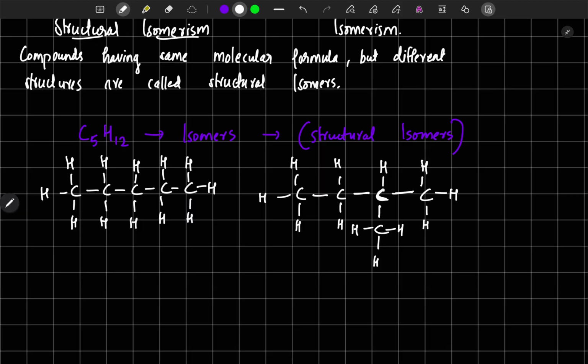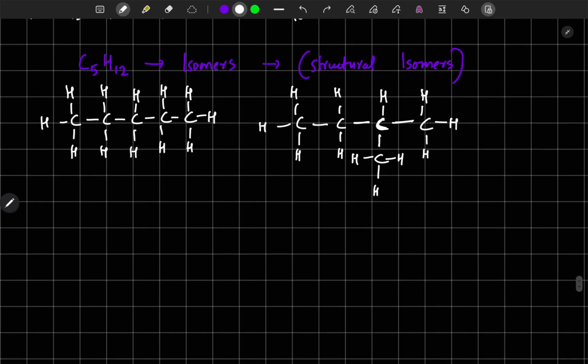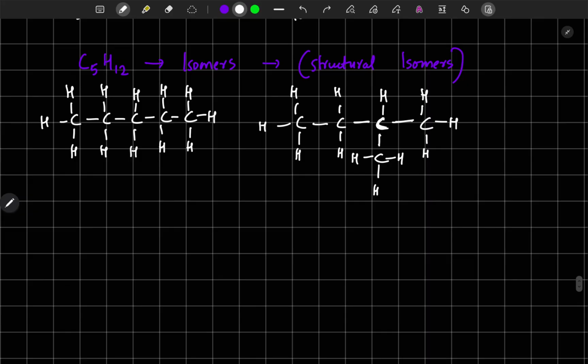Now the third isomer. I am actually drawing structural isomers, so please keep that in mind. I only want to change the attachment of carbons in a different way. Imagine I have this straight chain.